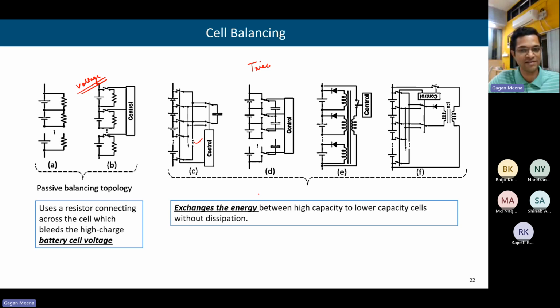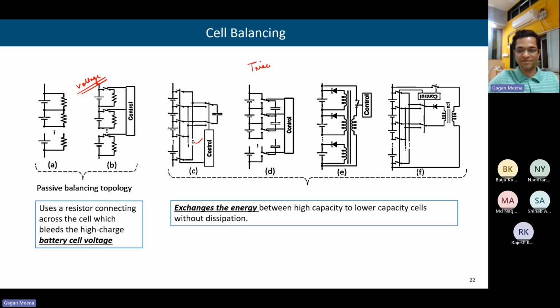Active balancing is, that's why here we see, it exchanges the energy from high capacity to lower capacity cells without dissipation. But here the voltage equalization happens with dissipation, because the charge is bled into the resistor.